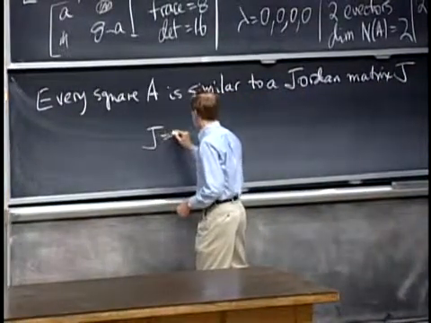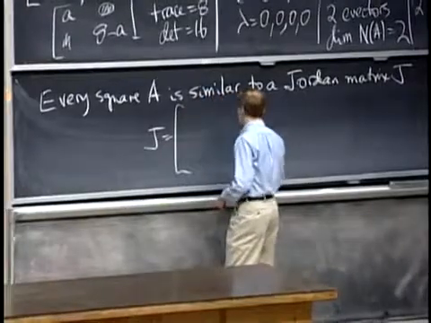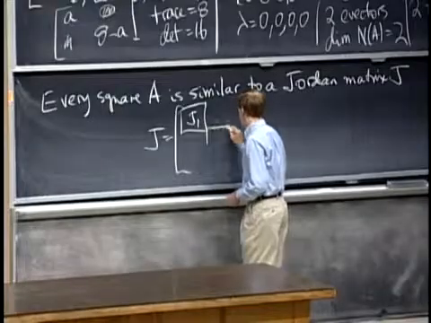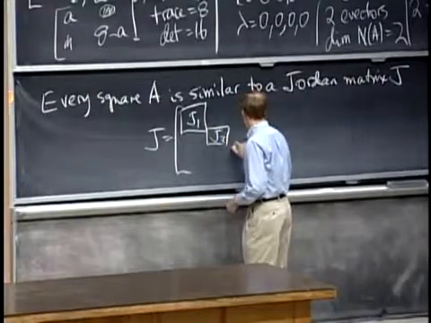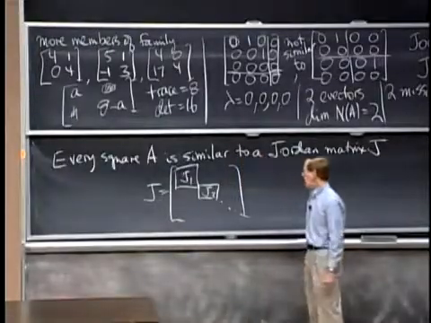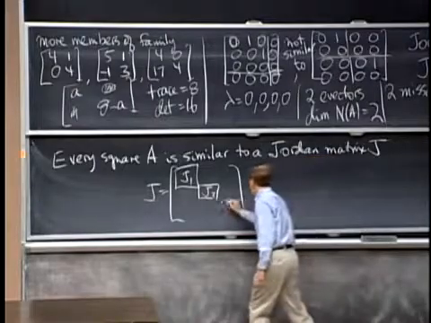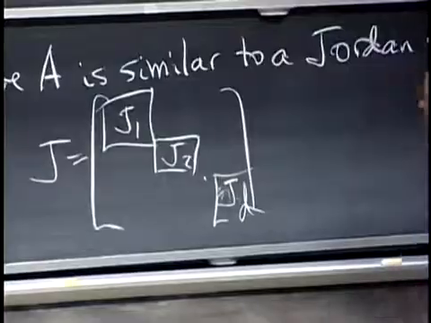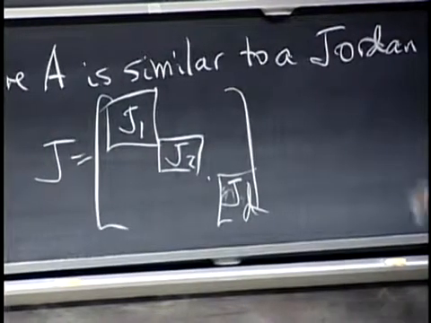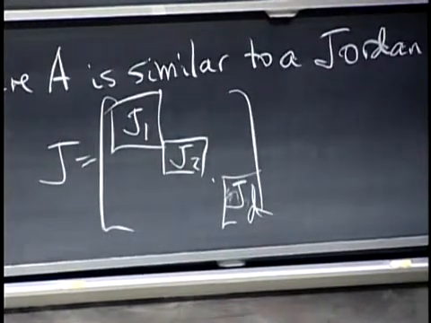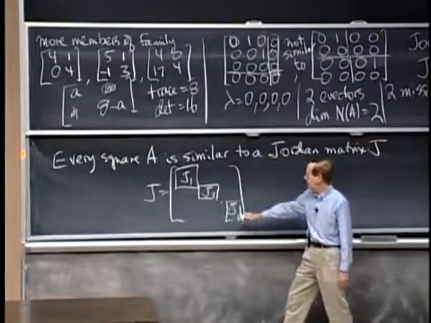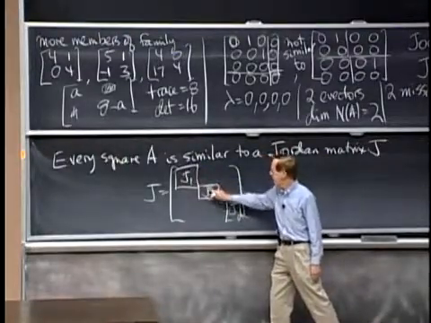It's a matrix with these blocks: Jordan block number 1, Jordan block number 2, and so on, up to Jordan block number d. The eigenvalues are sitting on the diagonal, but we've got some ones above the diagonal.